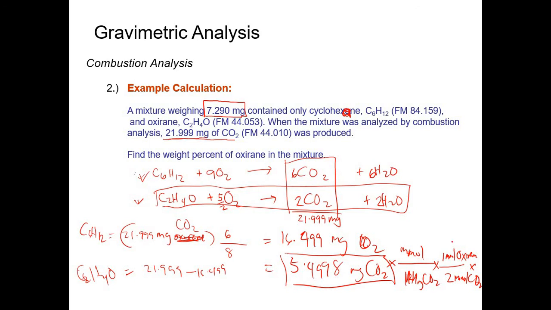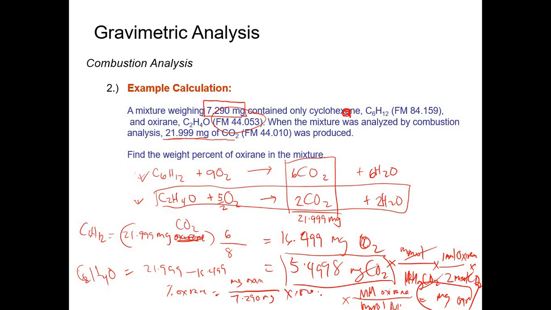The millimoles and milligrams cancel, times the molar mass of oxirane, which is 44.053 milligrams per millimole, and this will give you milligrams of oxirane. Because it's asking for weight percent, the percent of oxirane is the milligrams of oxirane per 7.290 milligrams of sample times 100. And you get the percent oxirane in the sample. Okay?